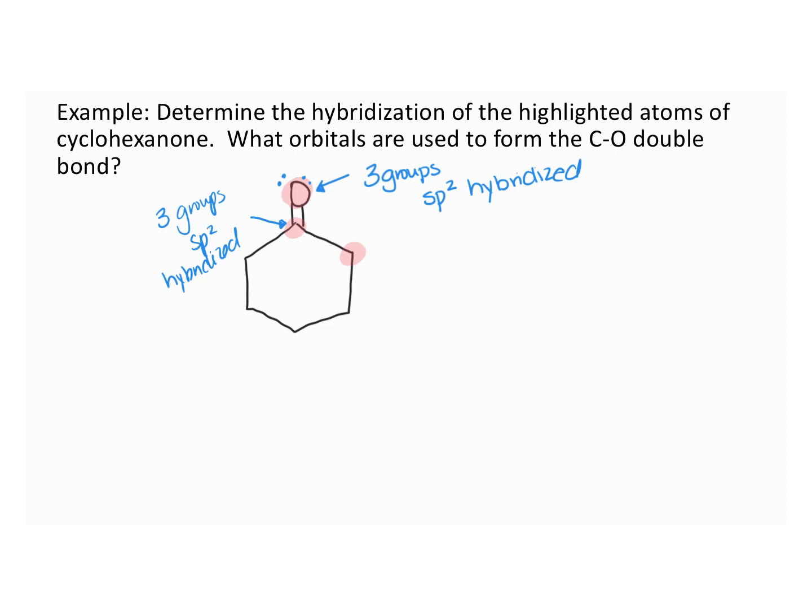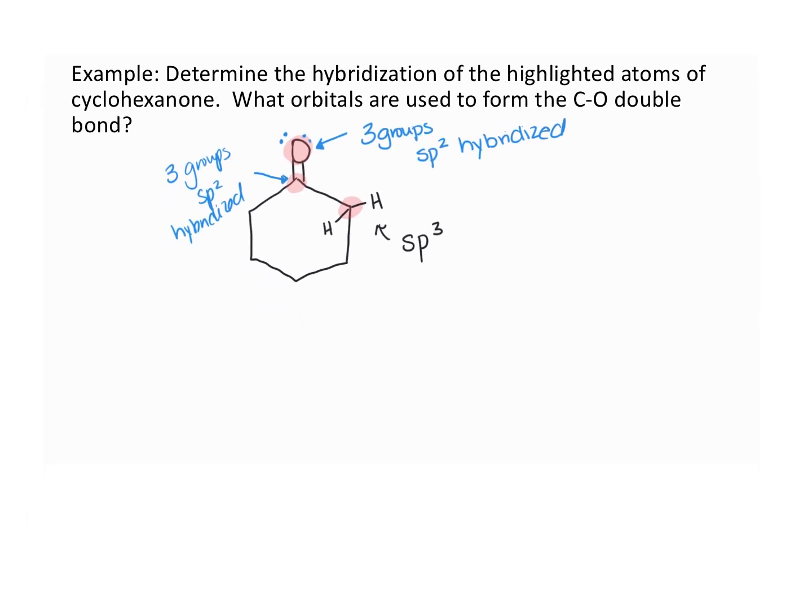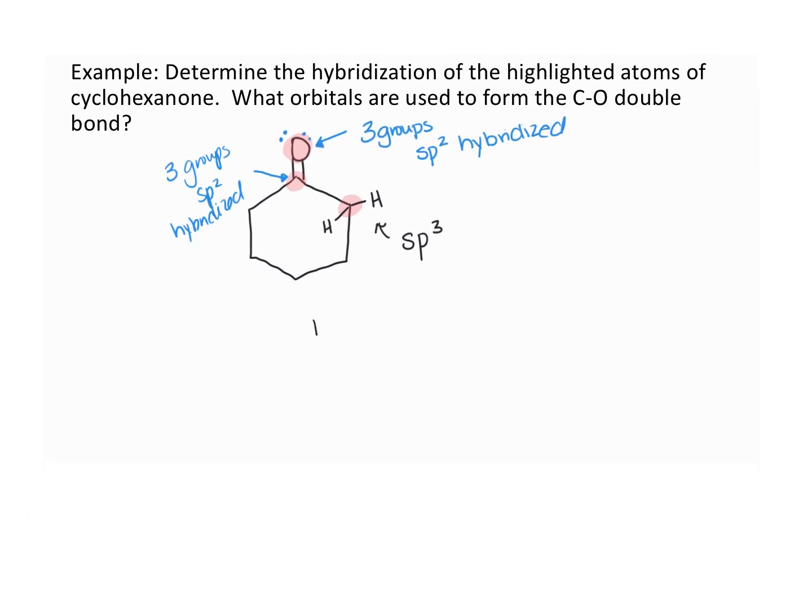I look at that carbon and say, hey, that's got no charge, so I need to put in 2 hydrogens so that that carbon is bonded to 4 things, because we know carbons are going to be bonded to 4 things. Because we have 4 groups there, we know that's an sp3 hybridization.